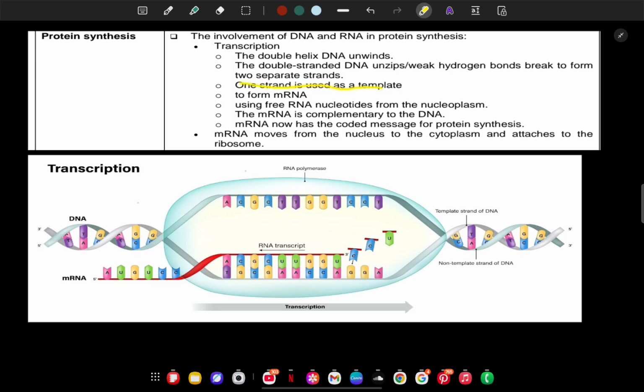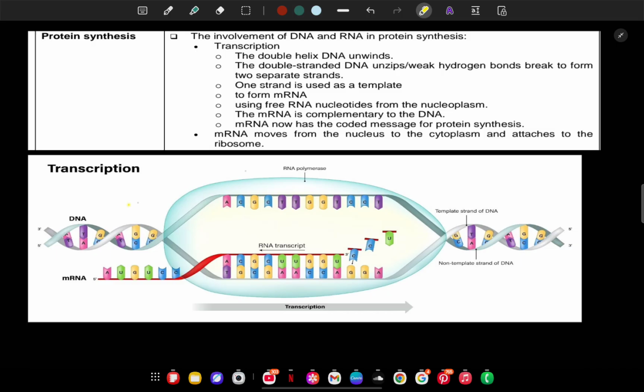One strand is used as a template. You see this strand. It is the only one that has been used as a template, as in the mRNA is only forming on that one strand. To form mRNA, like I just explained, using free RNA nucleotides from the nucleoplasm.